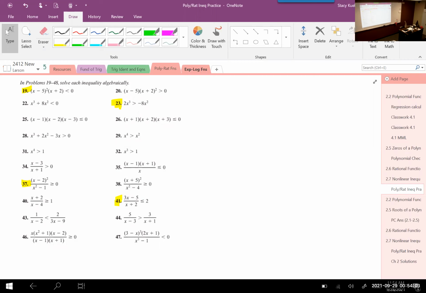See if your graph will help you support your conclusion.